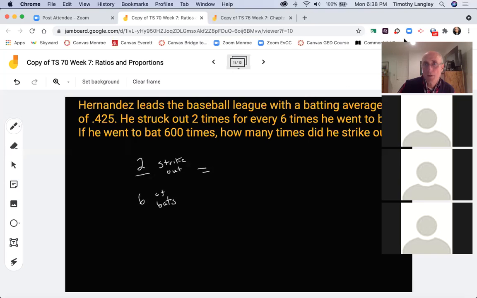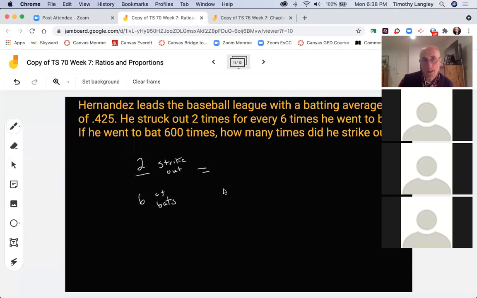Equals, and then the question is asking me, if he went to bat 600 times, how many times did he strike out? They gave me 600 at bats. Again, you'll notice how I'm keeping my at bats straight across from each other. And they want to know X strikeouts.